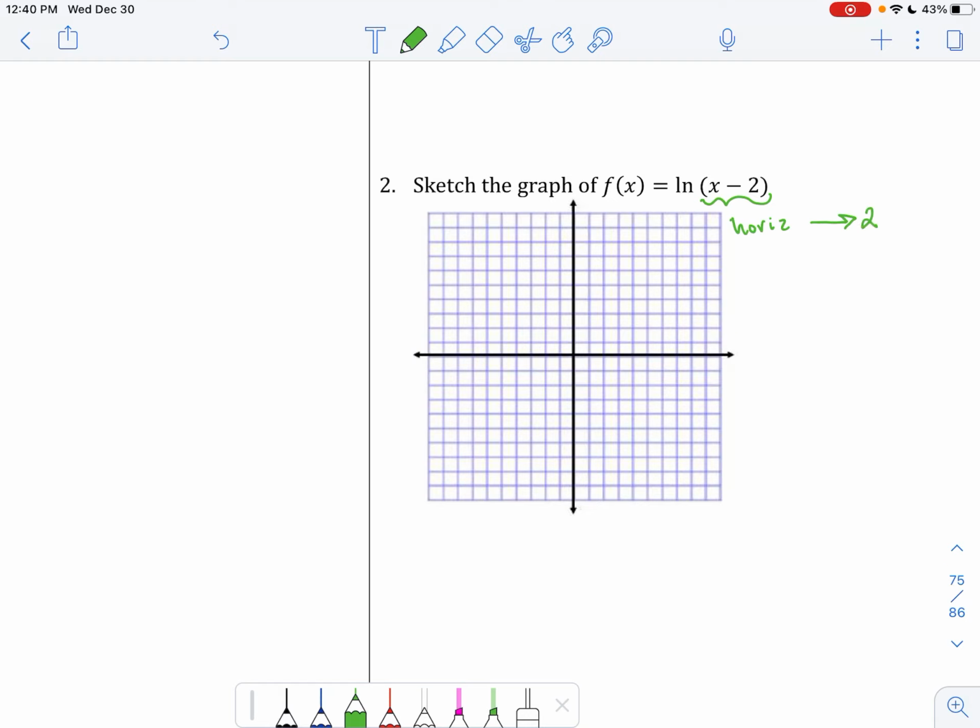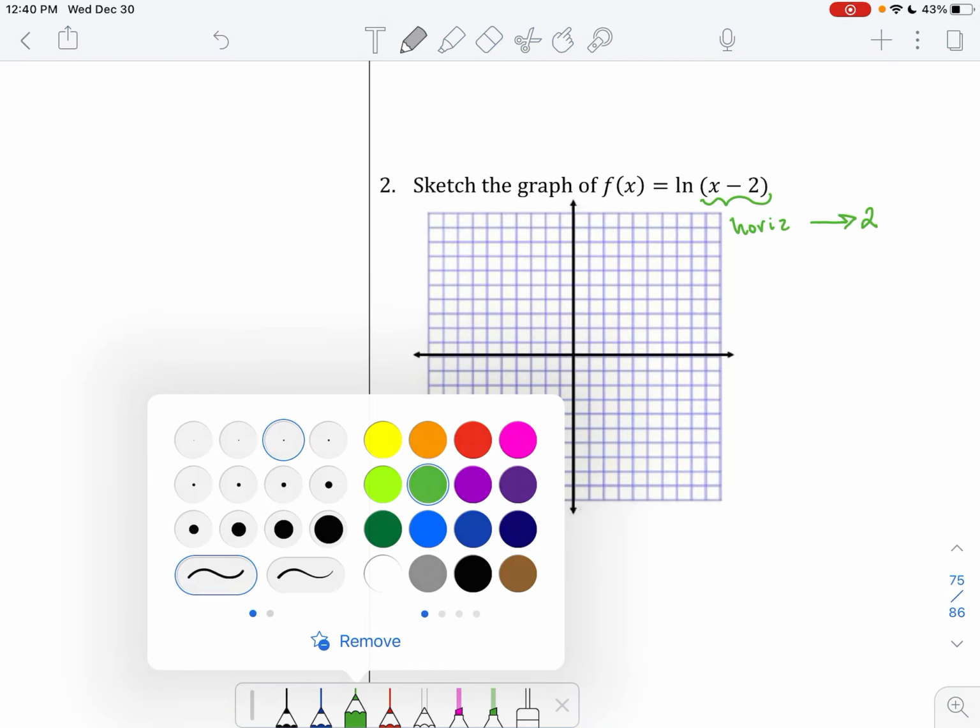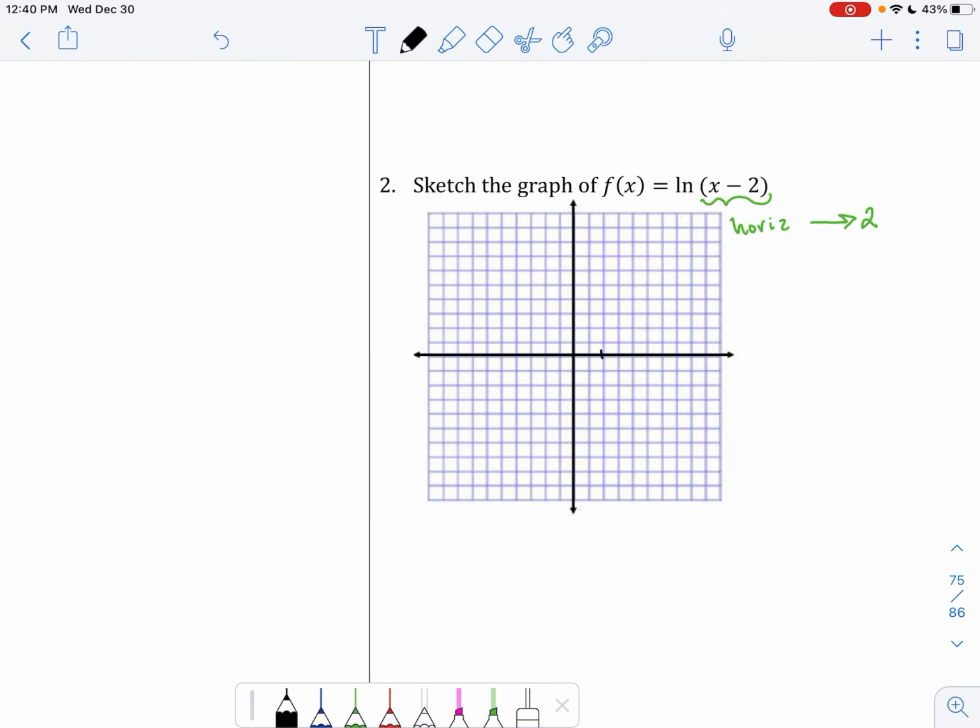And ln is just a log, so it's going to be the same basic shape. If I am, once again, making each of these be 1, so that it matches the earlier graph in our notes.